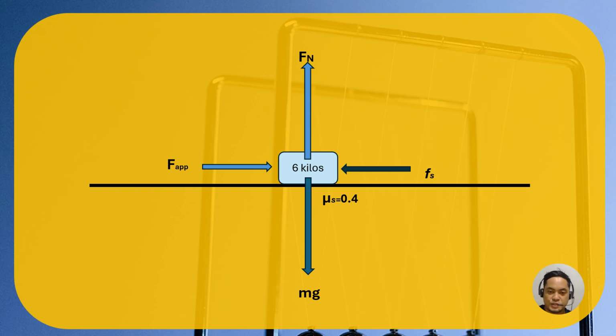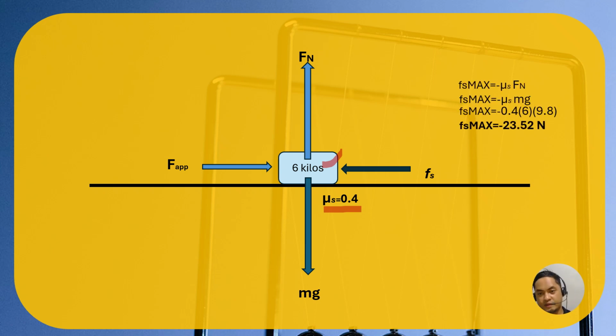In this case, we have this diagram, a free body diagram. It's a 6 kilo object, and you have a coefficient of static friction of 0.4, and we need to find the static friction maximum. This is the formula: Fs max is equal to negative coefficient of static friction times Fn.